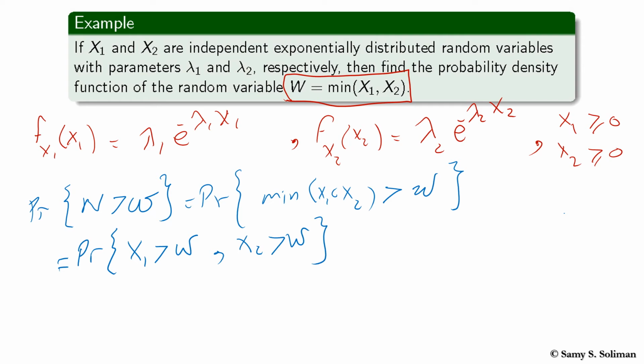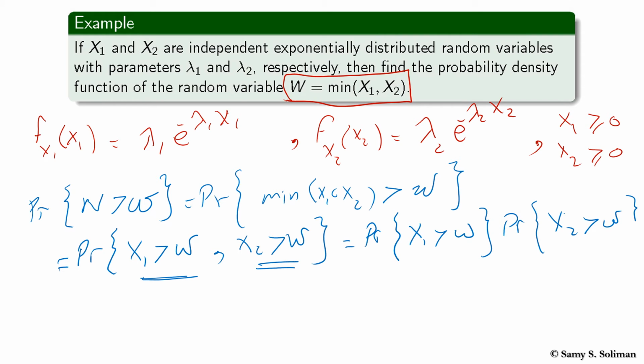Since x1 and x2 are independent, this joint probability is the product of the marginal probabilities: the probability that x1 is larger than w times the probability that x2 is larger than w.